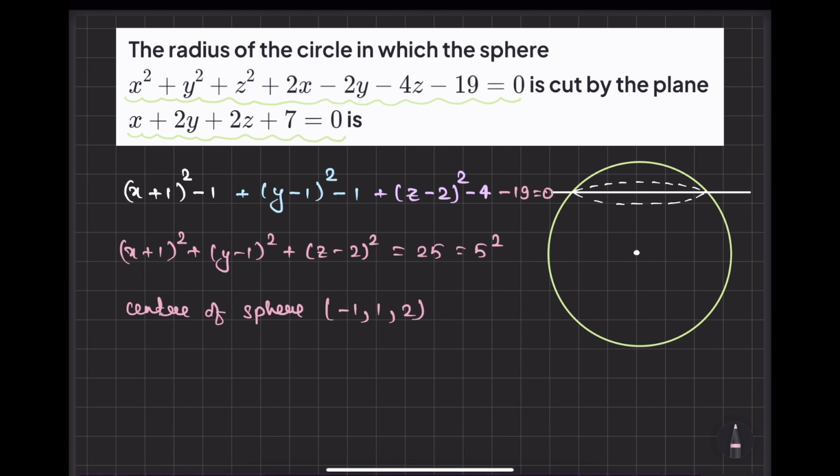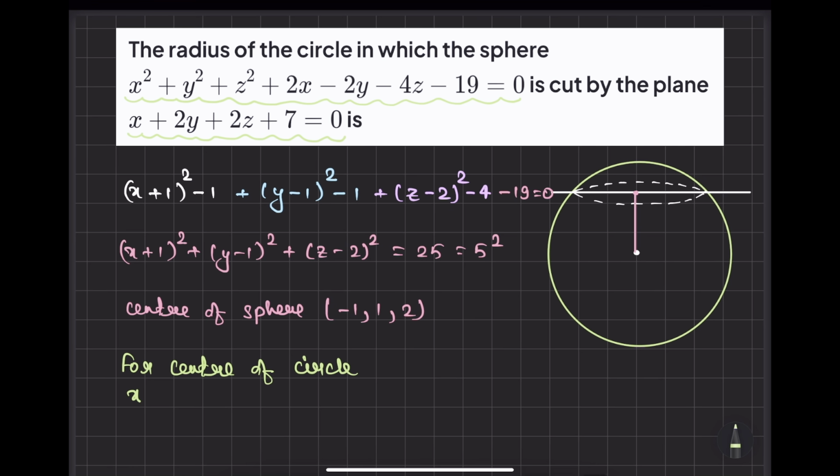Now we will find out the center of the circle. Suppose that in this question we find the center of the circle and the radius of the circle. For the center of the circle, this is not required, but I want you to solve it. For the center of the circle we will find the foot of the perpendicular from the center of the sphere on the plane.